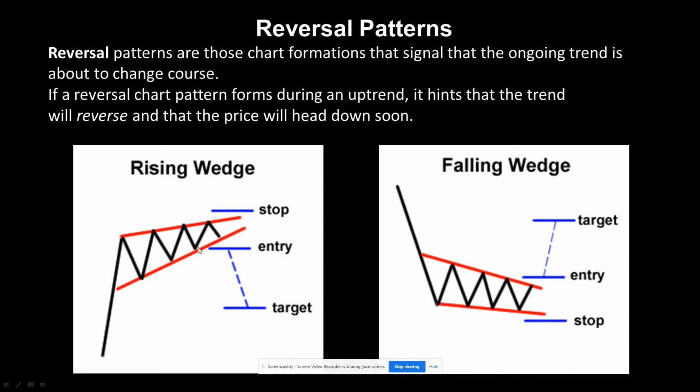This is below the previous low, and then you place your entry and target actually this pole here. You call it the flag pole. Because this is also a rising wedge, it looks like a flag as well.